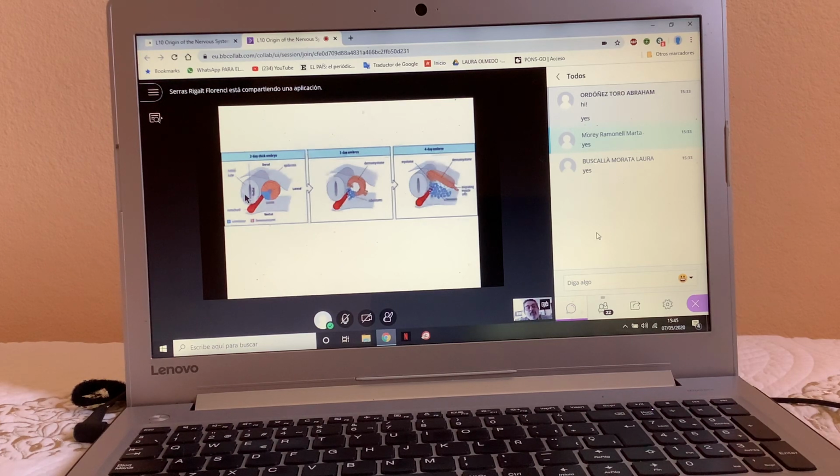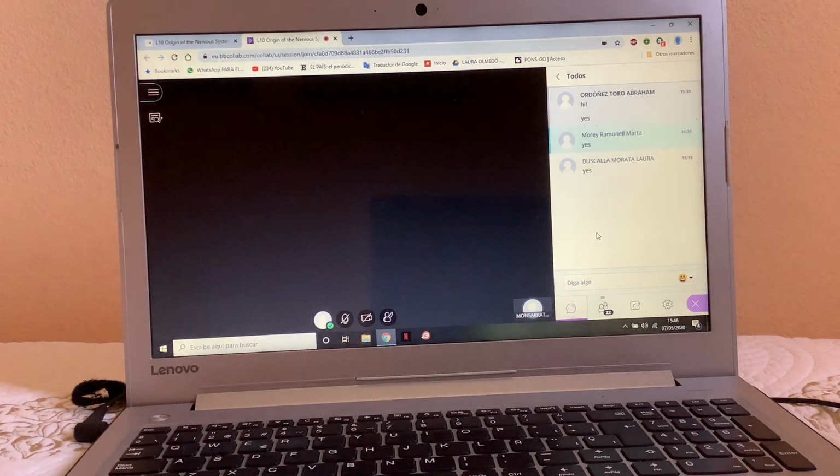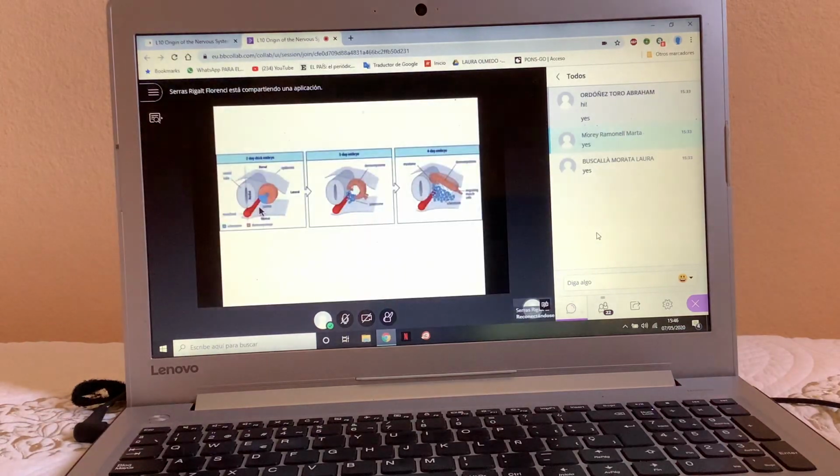So somites, neural tube, and other types of tissues that are here are sending signals, are communicating, are talking to each other in order to generate the different states. Particularly the notochord is going to be very important in this process.